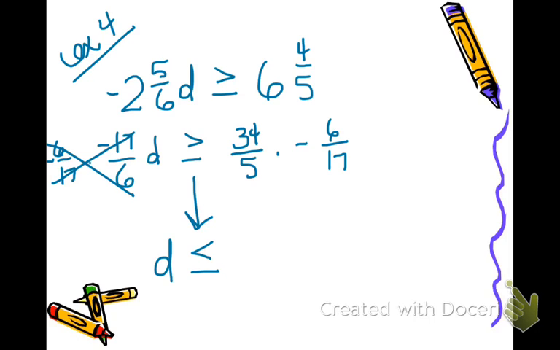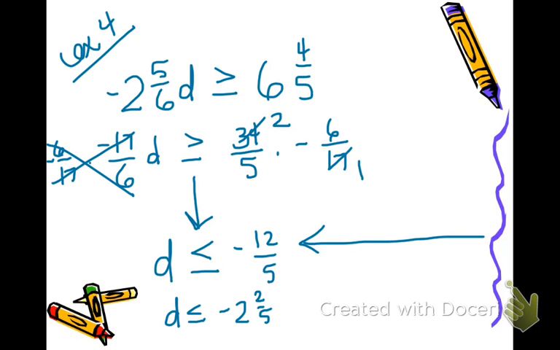Okay, so we reverse the symbol to be d is less than or equal to, and then before I multiply, I want to go ahead and cross cancel because it'll make the math a little bit easier. And so I'll get that this is equal to negative 12/5. So d is less than or equal to negative 2 2/5.